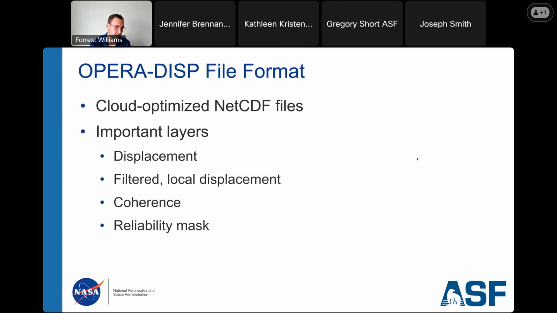And then built on top of that, there's also a reliability mask. If you just want a binary yes, no, which of these pixel measurements of displacement are reliable from the OPERA team's perspective, this reliability mask will be 1 in locations where they believe the data is reliable and 0 where it is not. And this is a nice feature if you just want to quickly filter out the highest quality data versus the lower quality data.